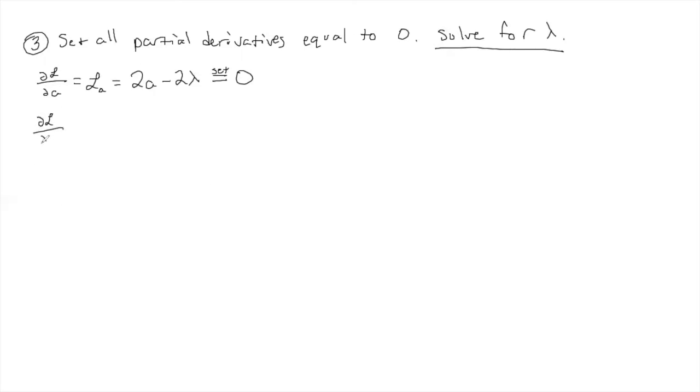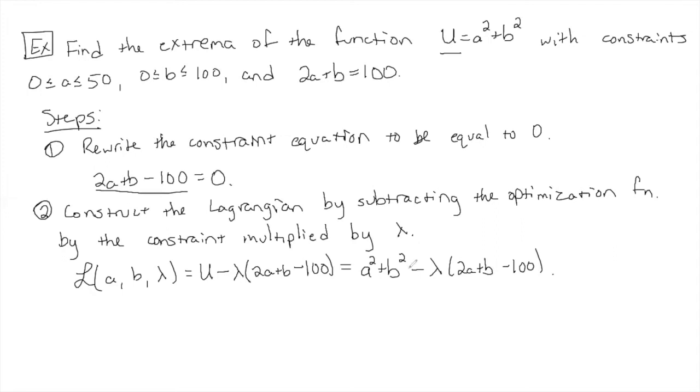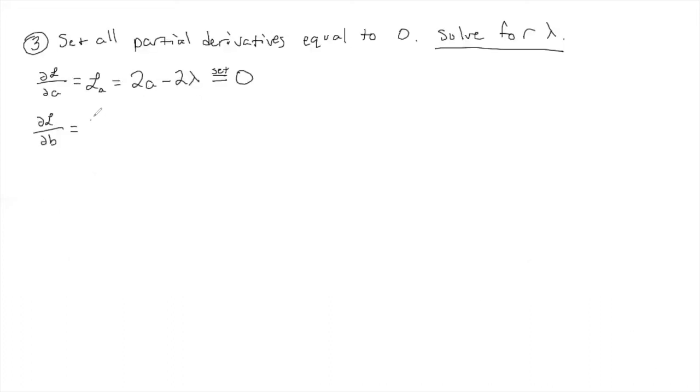Partial of L with respect to b should be exactly the same thing, just with b replaced, right? Oh, a little different over here because I don't have the 2 attached. So I'm going to have a 2b here. Of course, a squared goes to 0. And then I have a minus lambda, it looks like. So 2b minus lambda.